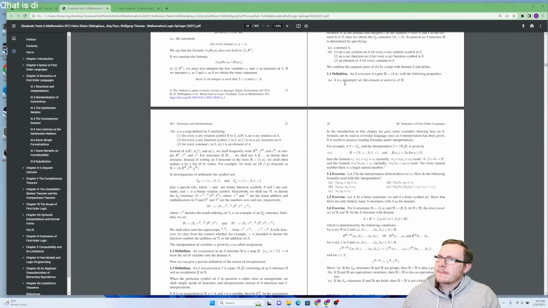A structure basically maps symbols to relations, functions, and constants.